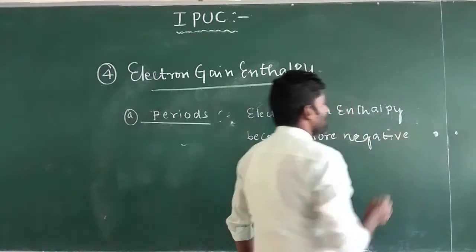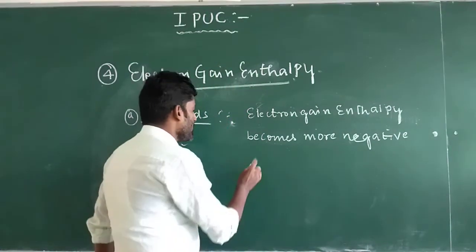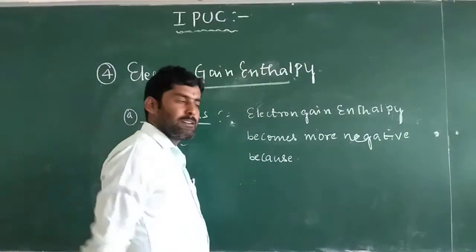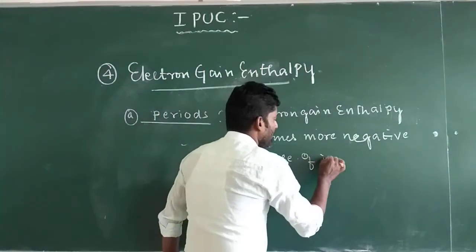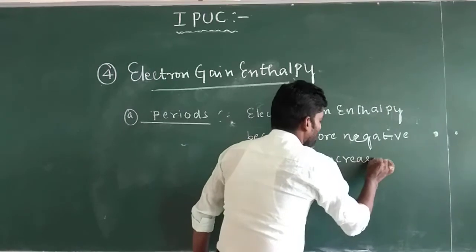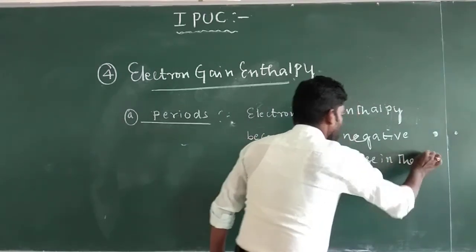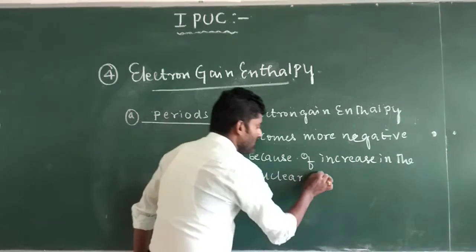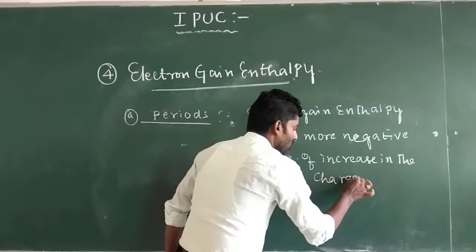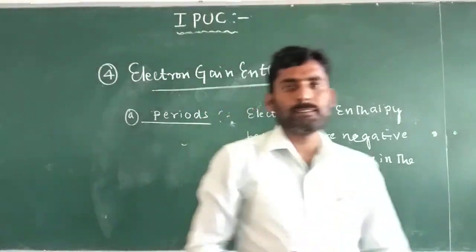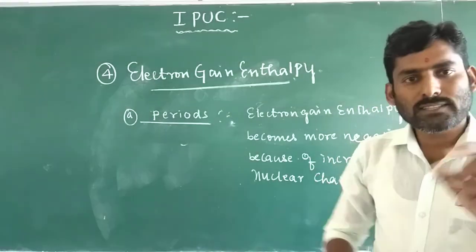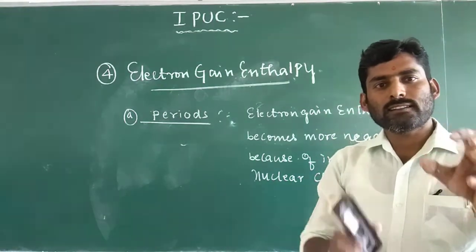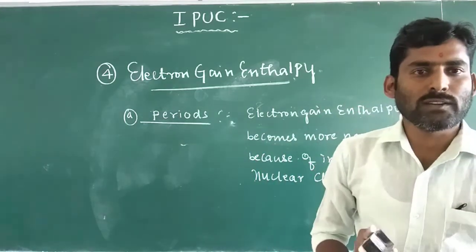Electron gain enthalpy becomes more negative because of increase in the nuclear charge. In the periods, the added electrons go to the same valence shell, so those electrons are attracted more towards the nucleus.